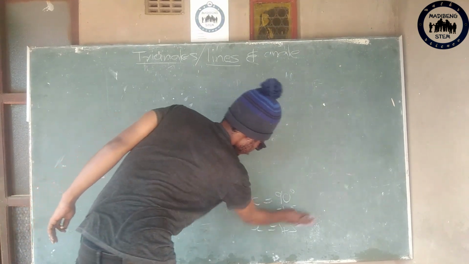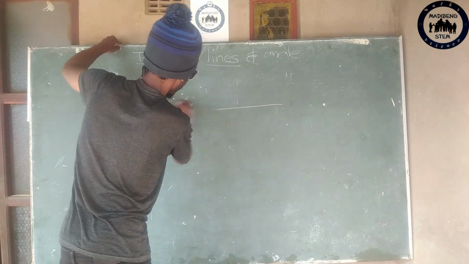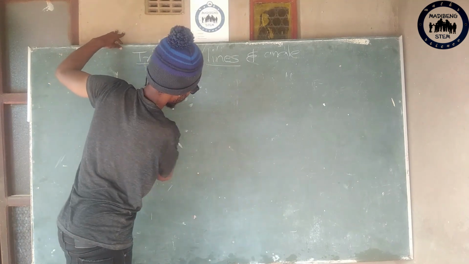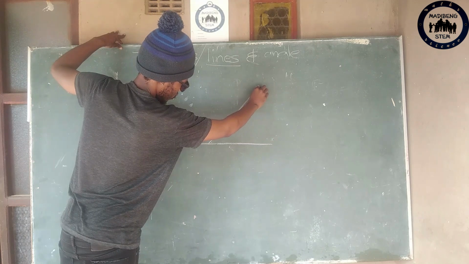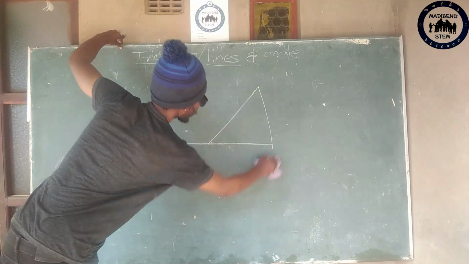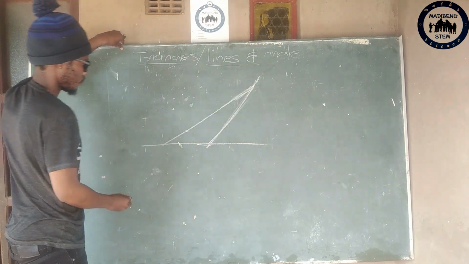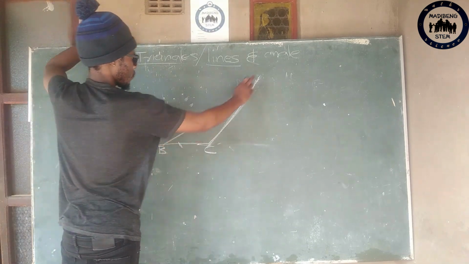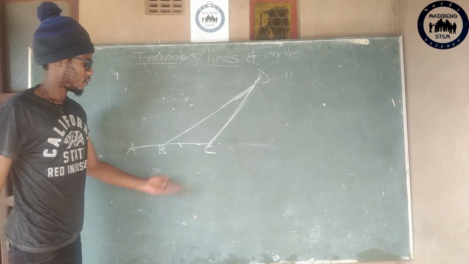Supplementary angles. In this case we have a straight line and a triangle here.